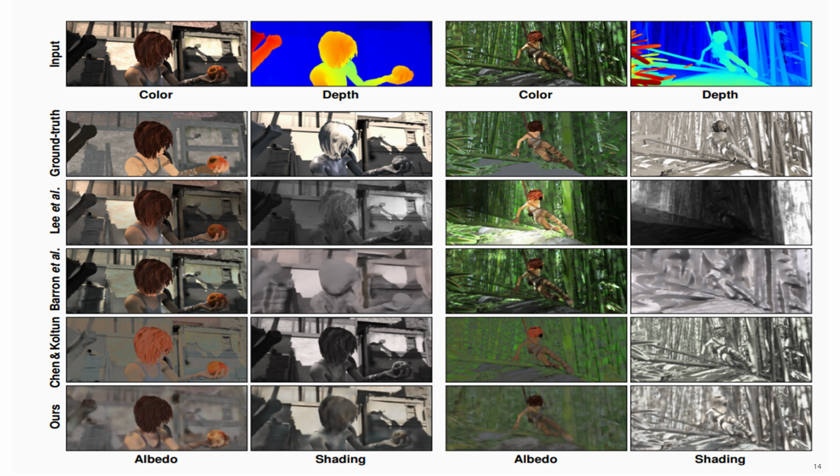For example, Lee et al.'s method on the bamboo scene, Barron's method on the dragon scene, and Chen and Koltun's method on the old man scene. The quality of our results is even across scenes and remains consistent with the albedo and shading ground truth.